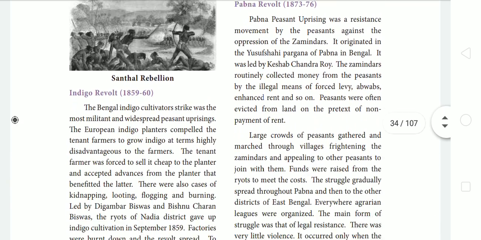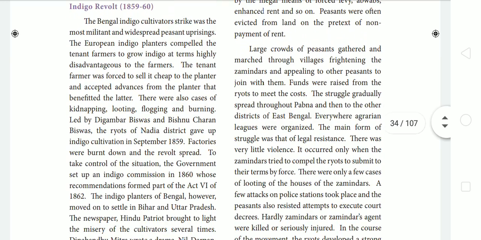Next one, Indigo revolt. This revolt took place in the year 1859 and it ended in 1860. The Bengal indigo cultivators strike was the most militant and widespread peasant uprising. The European indigo planters compelled the tenant farmers to grow indigo at terms highly disadvantageous to the farmers.